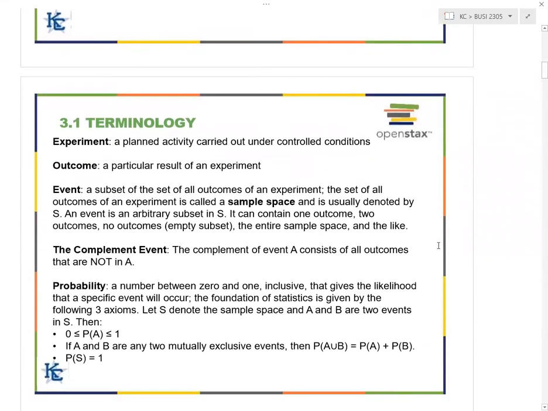So 3.1 is just outlining the really important terminology. An experiment is a planned activity carried out under a controlled condition. I like to use as an example of an experiment something like flipping a coin.